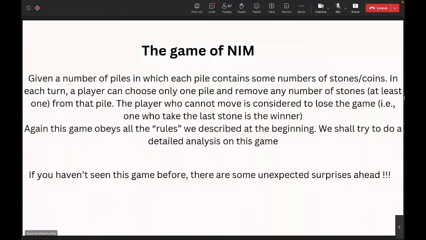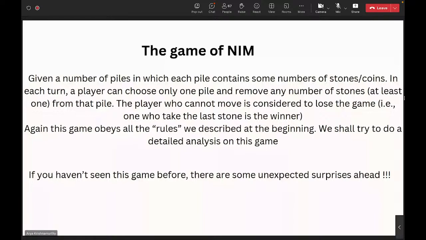He can only remove 1 or 2 or 3 stones from the pile he's selecting. The person whose turn it is can select a particular pile and remove either 1 stone or 2 stones or 3 stones on his turn.